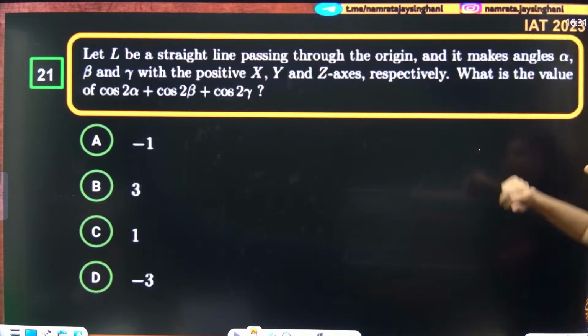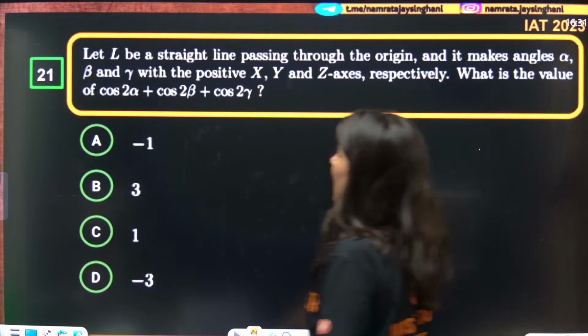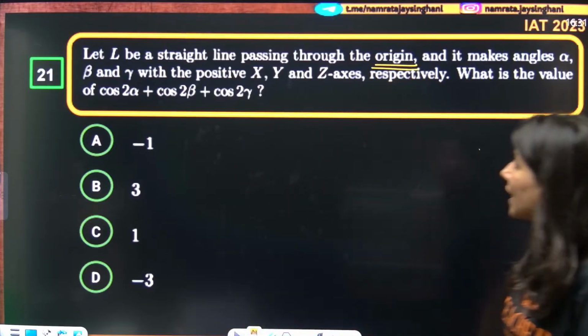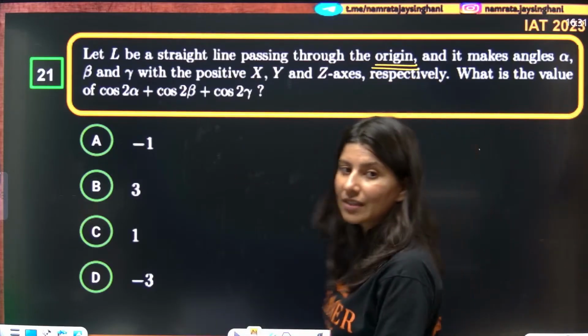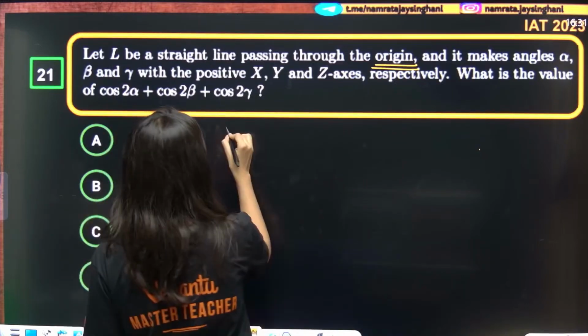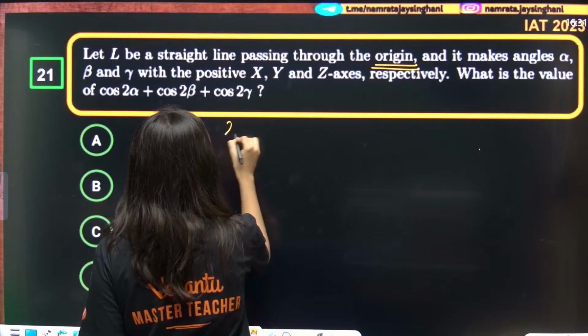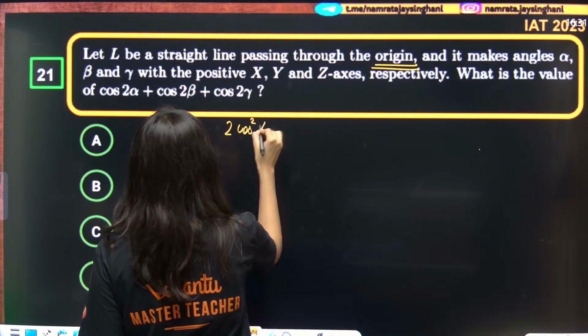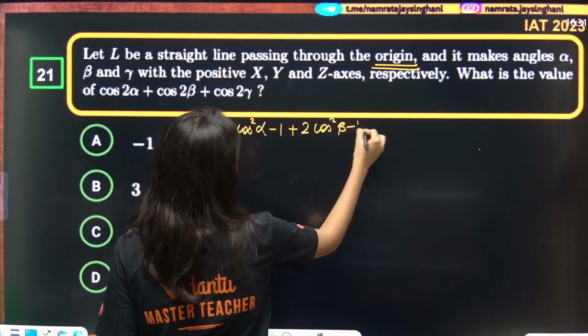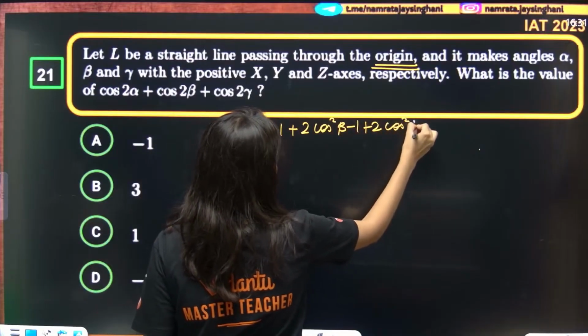Now the next question. This is from 3D geometry. L is a straight line passing through the origin and it makes angles alpha, beta, gamma with the positive x, y and z axes respectively. Find the value of, now, gold formulas: cos 2 theta is 2 cos square theta minus 1. So 2 cos square alpha minus 1, plus 2 cos square beta minus 1, plus 2 cos square gamma minus 1.